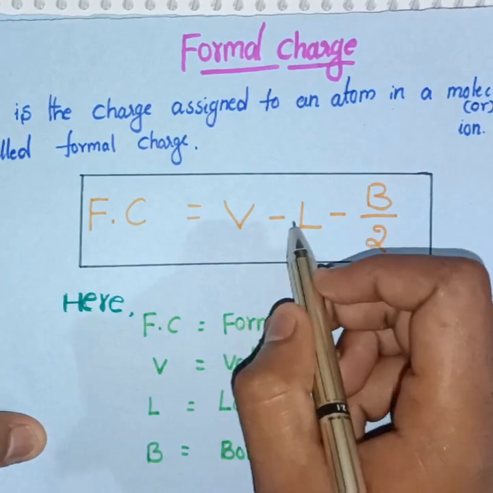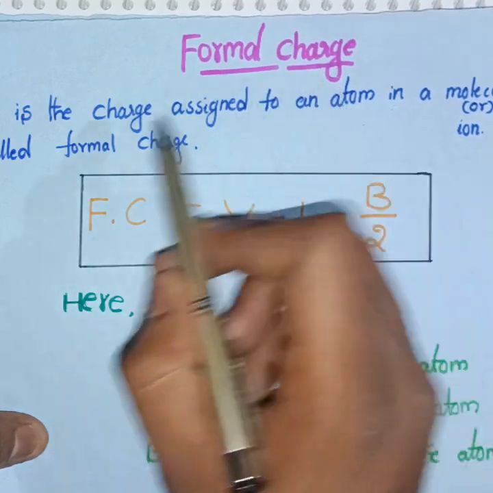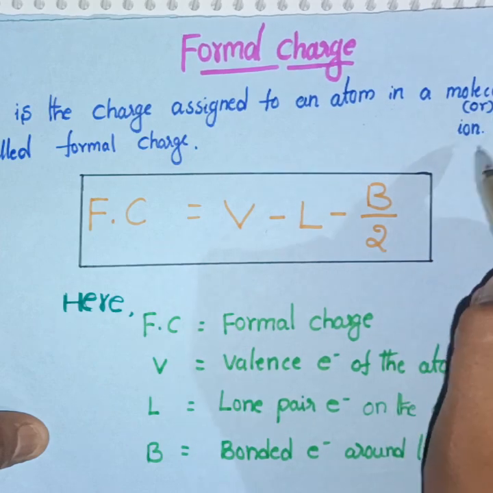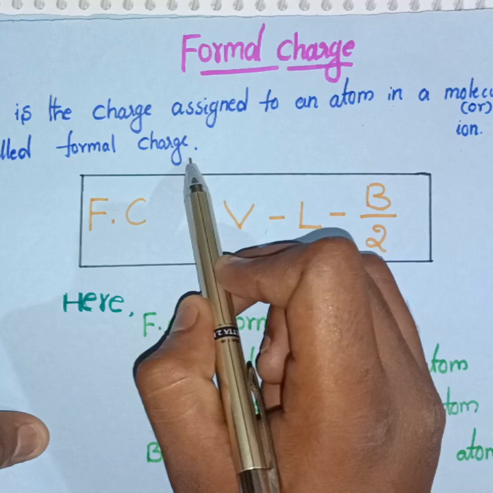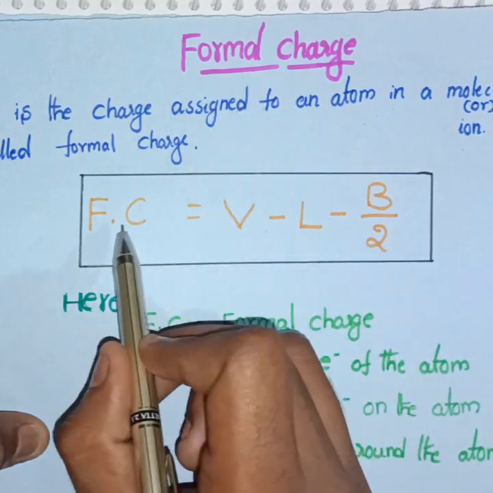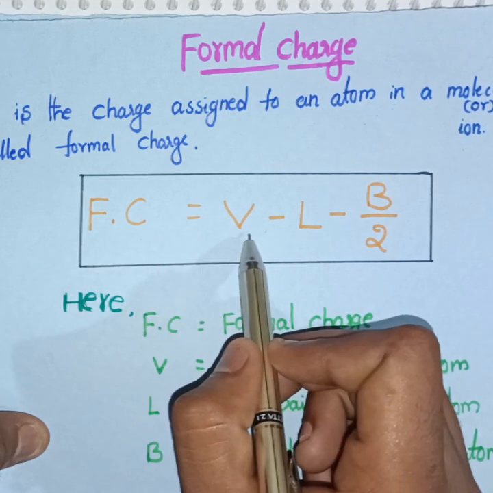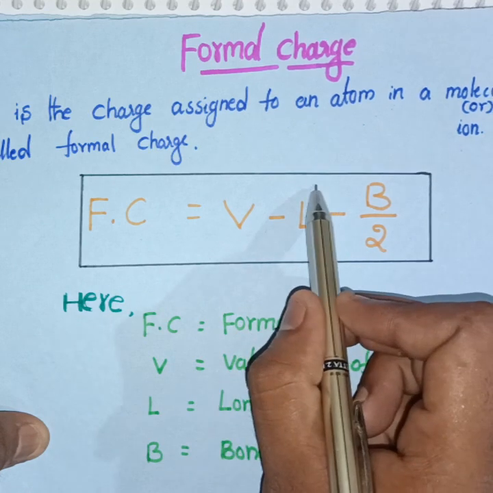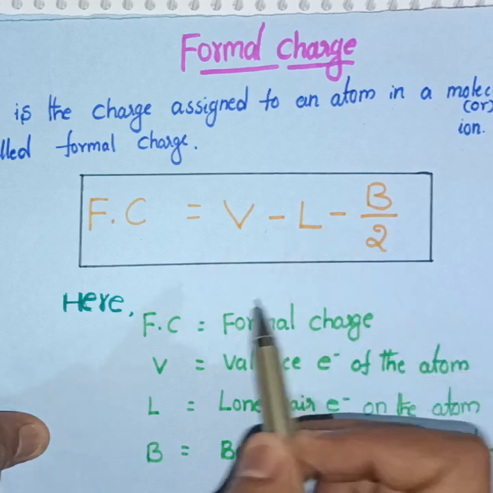In this video, we are going to discuss the topic formal charge. The charge assigned to an atom in a molecule or ion is called formal charge. A simple trick to find formal charge: Fc is equal to valency electrons minus lone pair electrons on the atom minus bond pair electrons by 2.